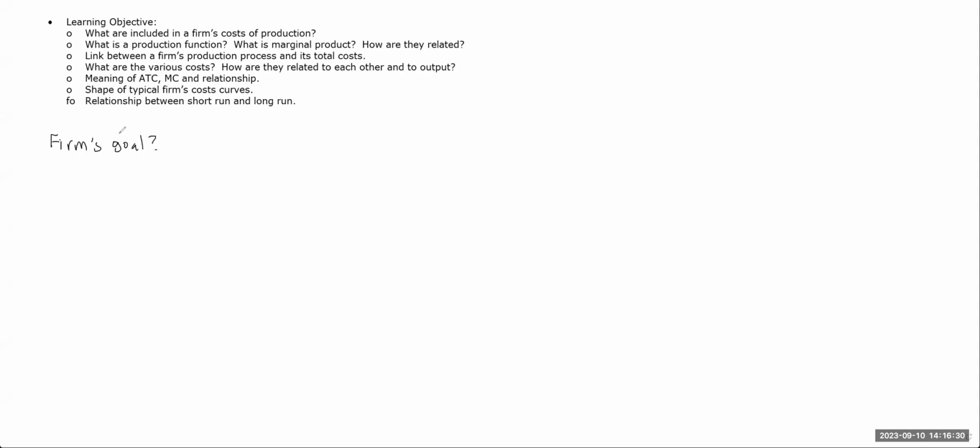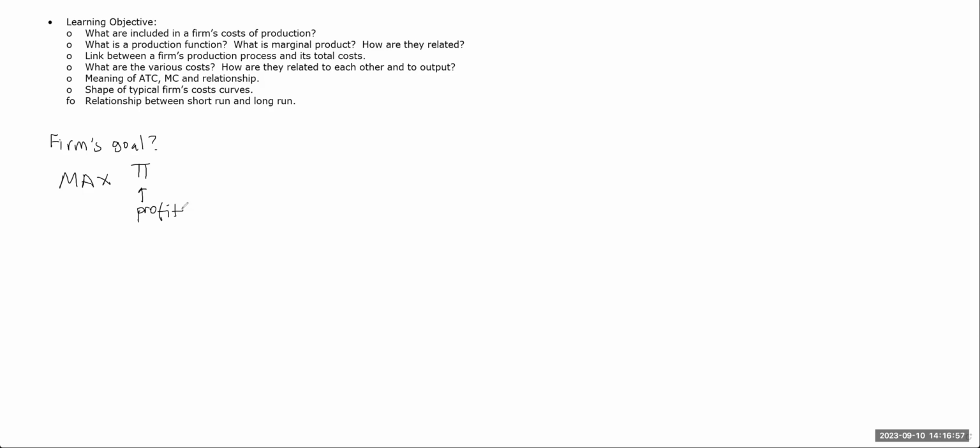What is the goal for a firm? It isn't to save lives or cure cancer unless it can make butt tons of money doing it. The firm's goal is to solve this problem: maximize pi, which is profit. The goal for a firm is to make as much money as possible.